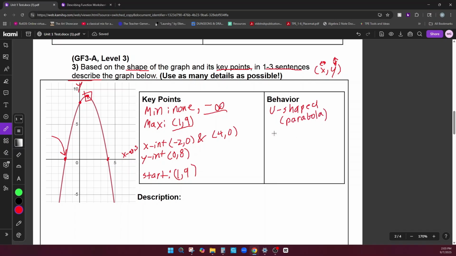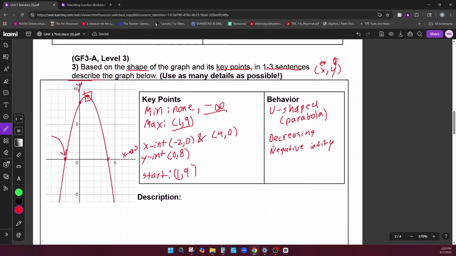Of course, that's its shape, but I also need to note that it's an upside down U. So I could write upside down, or more to the point, I could say that it is decreasing. Or even say that it is a negative parabola. It is decreasing to negative infinity. It is a negative parabola.